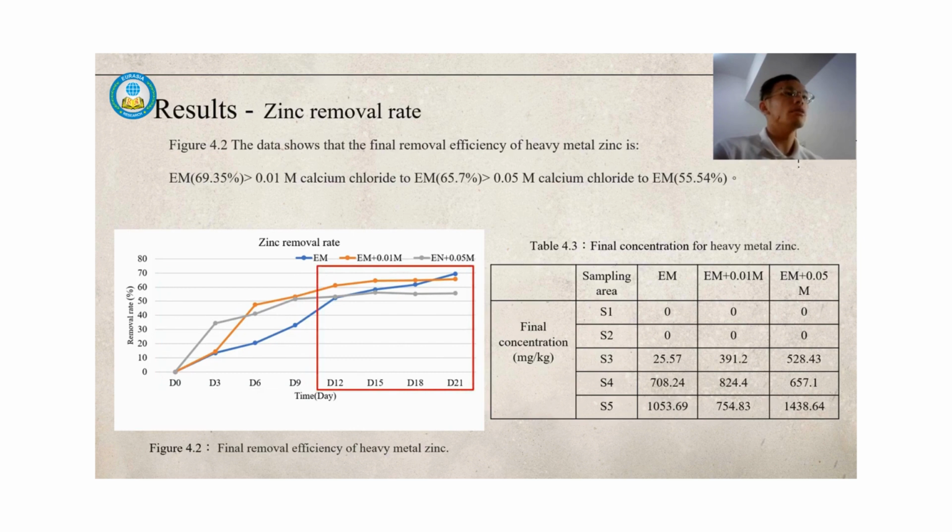However, the different thing is that on the 12th day, the removal effect of adding calcium chloride stopped, but the removal effect of EM continued to increase. On the last day, day 21, EM removal of heavy metal zinc is higher than added calcium chloride.